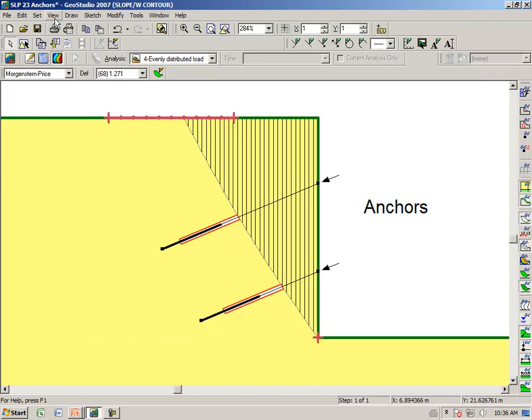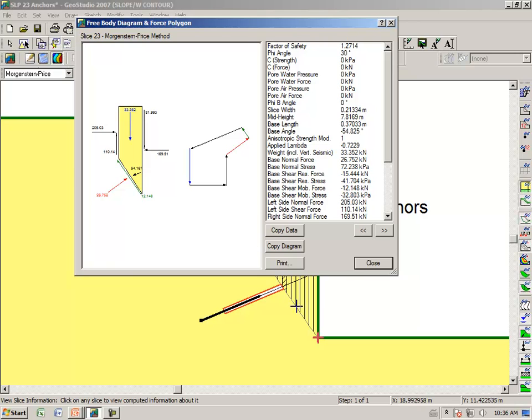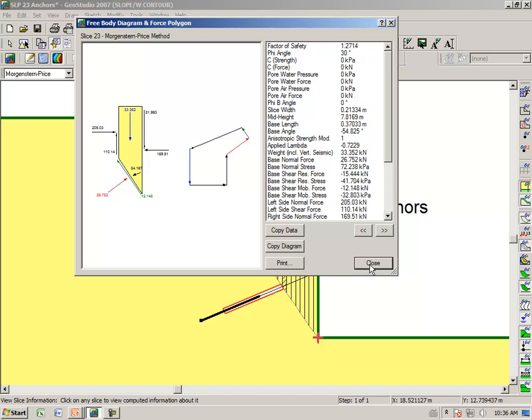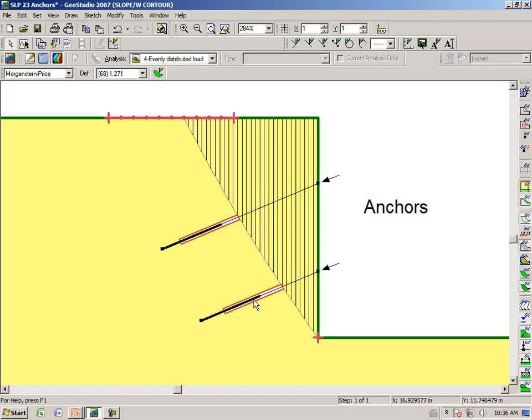Once again, View, Slice Information. You notice that here is the 54.1. So this becomes a little bit more difficult to interpret as to the exact total that has been used by each one of these anchors.